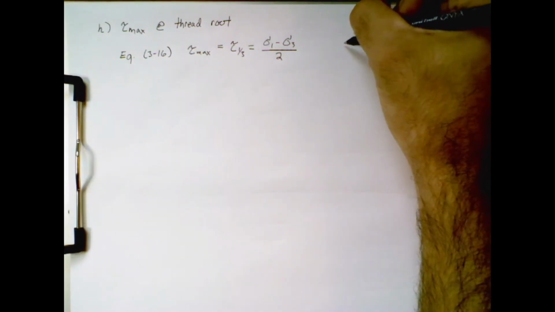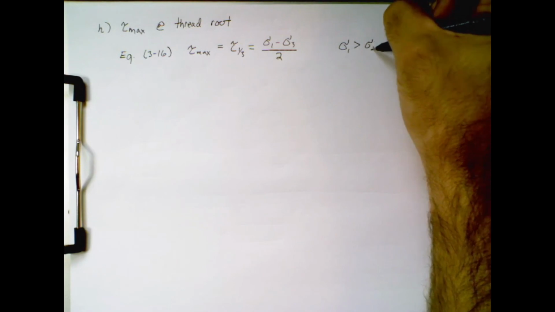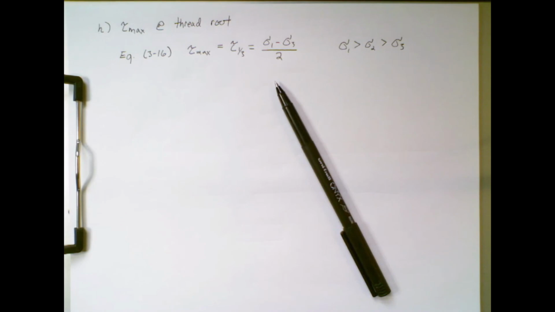Now remember the principal stresses, if we order them, sigma 1 is the largest, greater than sigma 2, and that's greater than sigma 3. Another way of thinking of this is to get the principal stresses, we rotate the coordinate system such that all of the shear stresses are 0. Keeping this in mind, when we're looking at the principal stresses and the orientation corresponding to those principal stresses, all of the shear stresses go to 0.